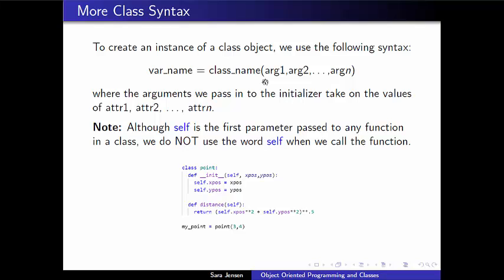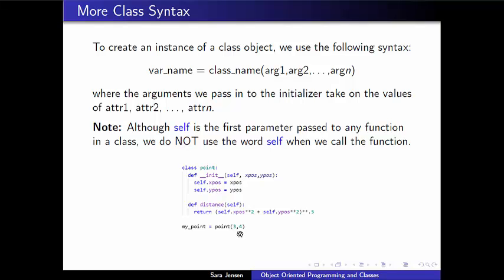So you can see that down here with the point example, our initializer tells us that we have two attributes, both an X position and a Y position, to the point data type. So when we declare a point later on called myPoint, we assign it the value of the point class type with an X position of 3 and a Y position of 4.